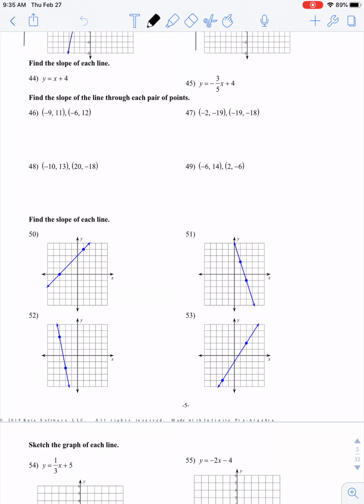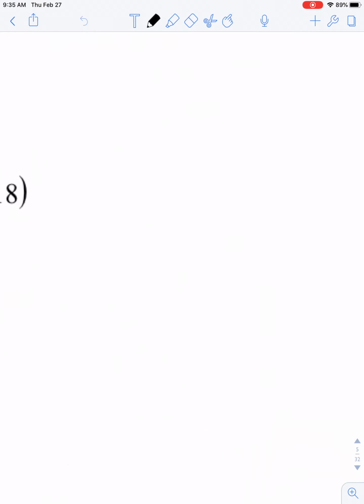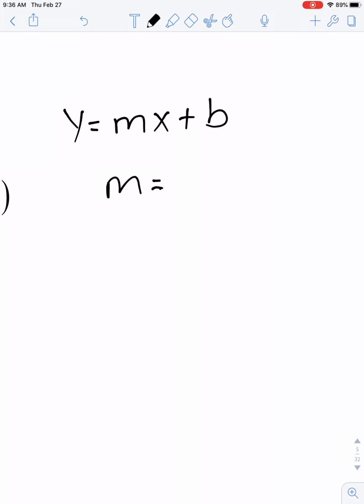equations. And so we need to know that all equations, or at least these equations, are written in slope-intercept form, where it's y equals mx plus b, where m represents slope and b represents the y-intercept, which will come in handy tomorrow when we graph lines from equations.